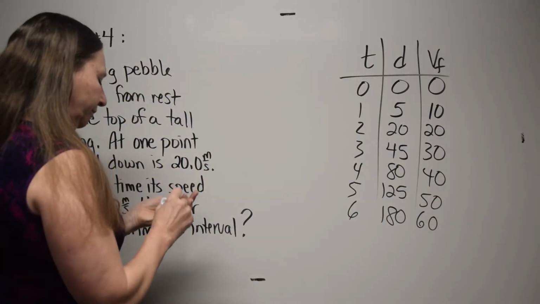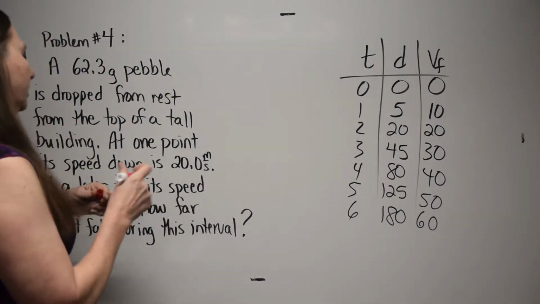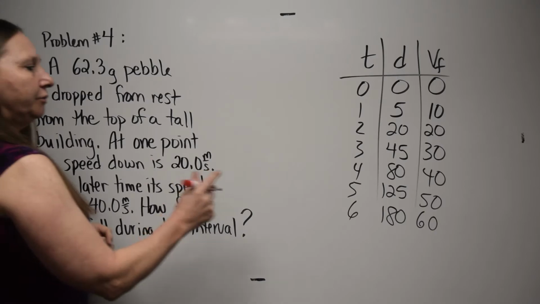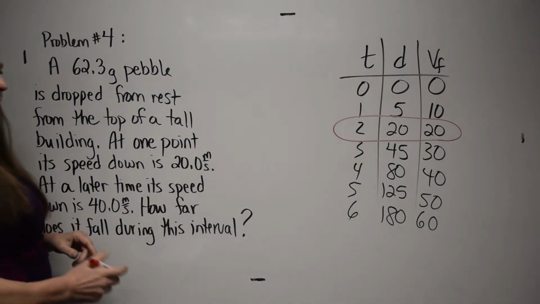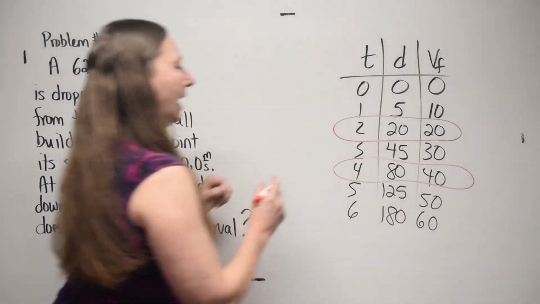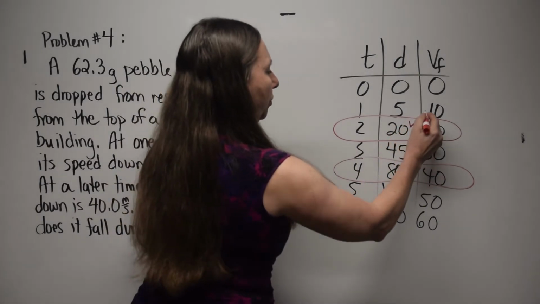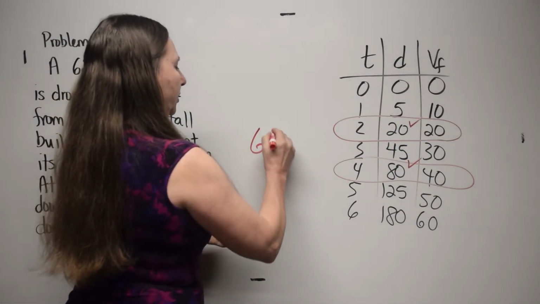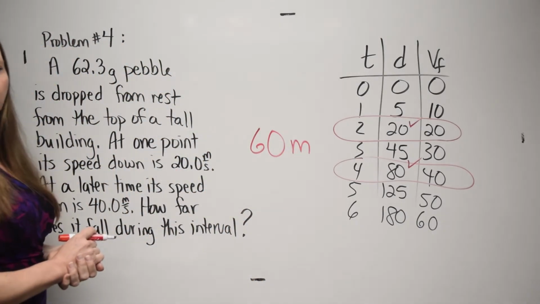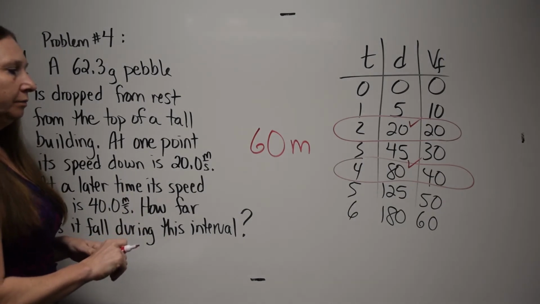From the point where the object is falling at a speed of 20 to the point where it's falling at a speed of 40, how far does it fall during this interval? Well, it goes from 20 to 80. So it has fallen 60 meters during this interval. The answer should be 60 meters.